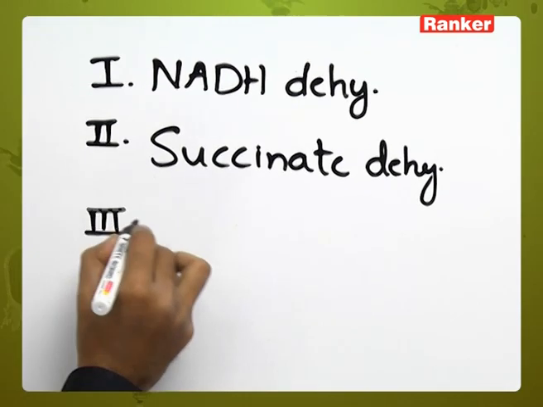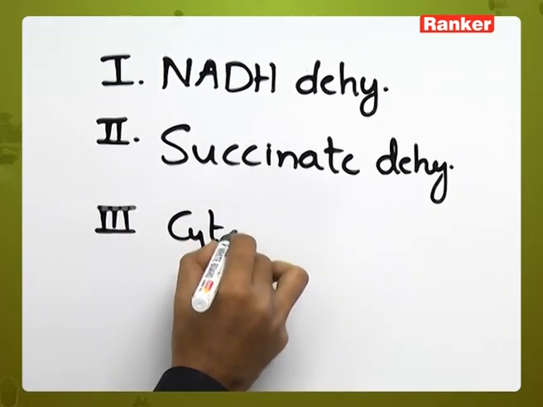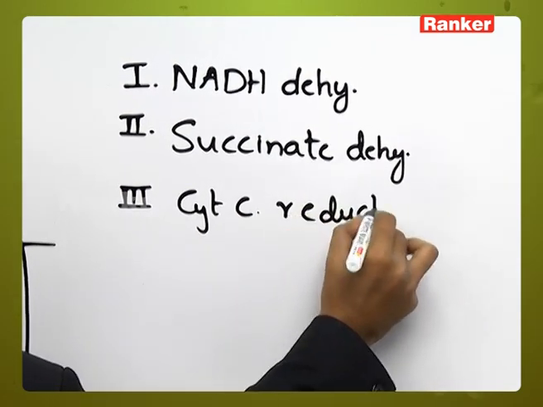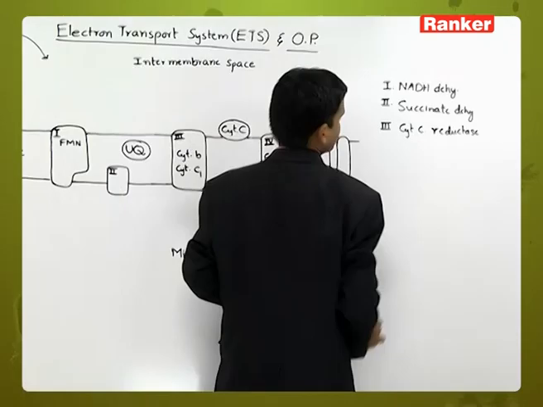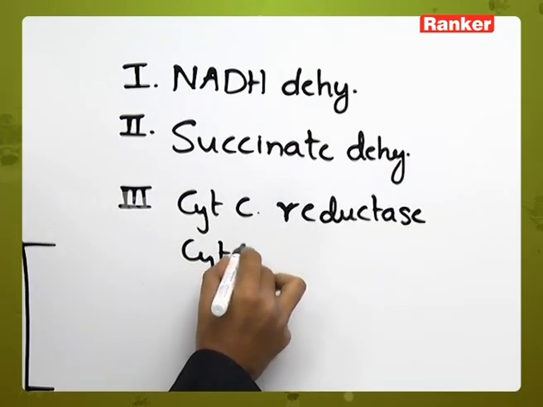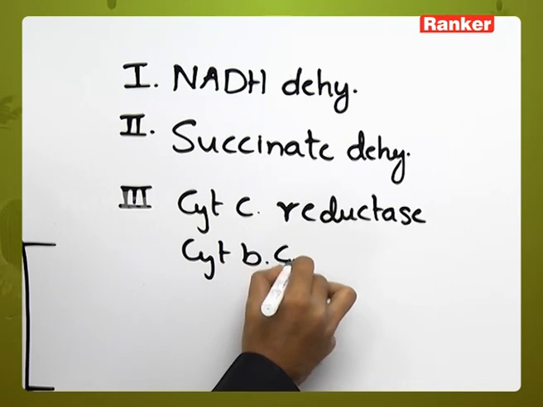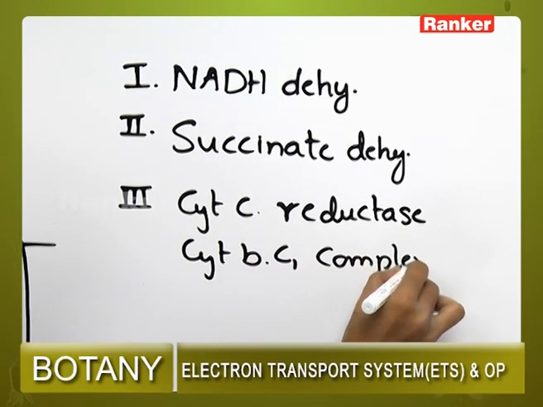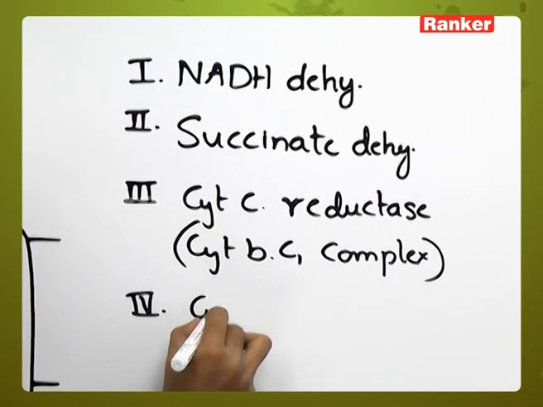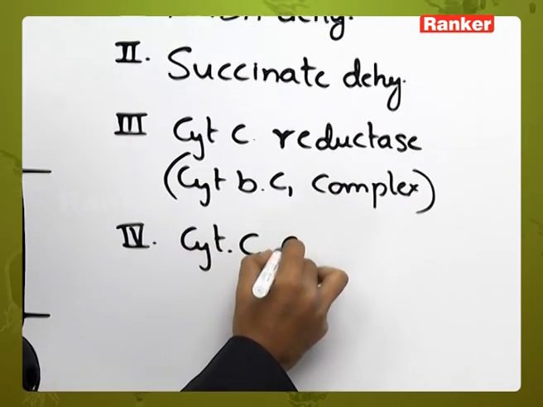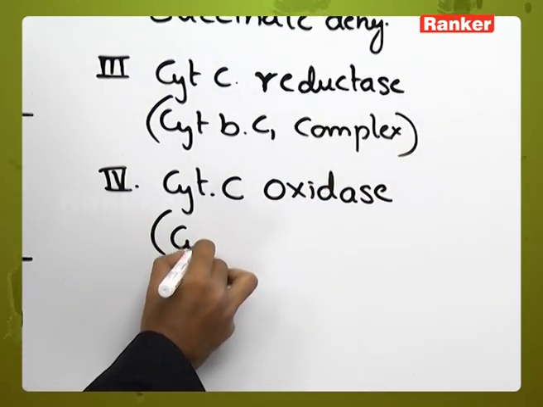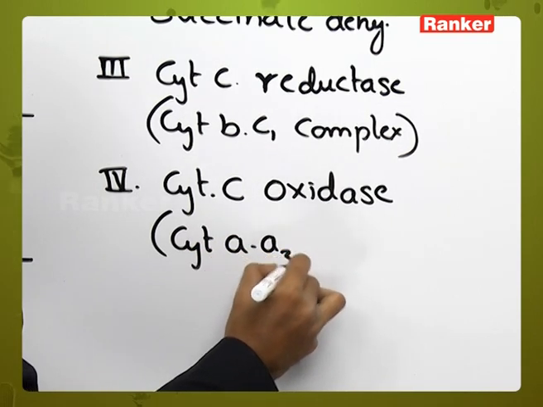The third complex is cytochrome C reductase, also known as the cytochrome B C1 complex. The fourth complex is cytochrome C oxidase, also called the cytochrome A A3 complex.